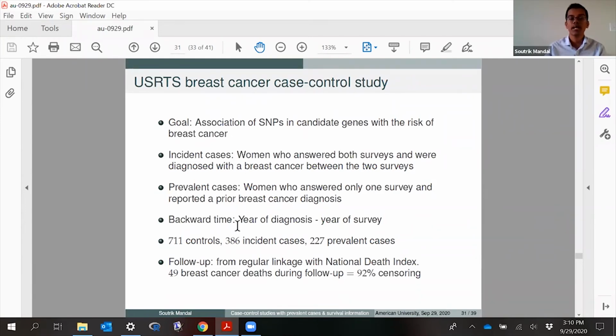We define backward time as the difference between year of diagnosis and the year of survey. So finally, we have 711 controls, 386 incident cases, and 227 prevalent cases. And the follow-up information was collected by regular linkage with the National Death Index. And we observed 49 breast cancer deaths during the follow-up, which corresponds to approximately 92% censoring.